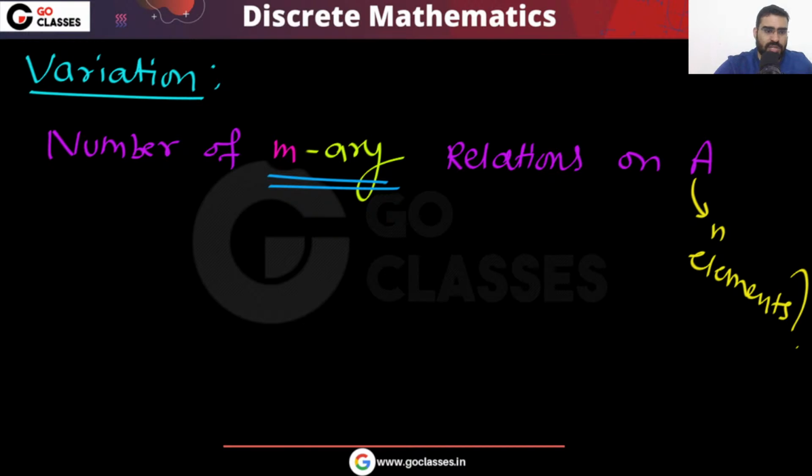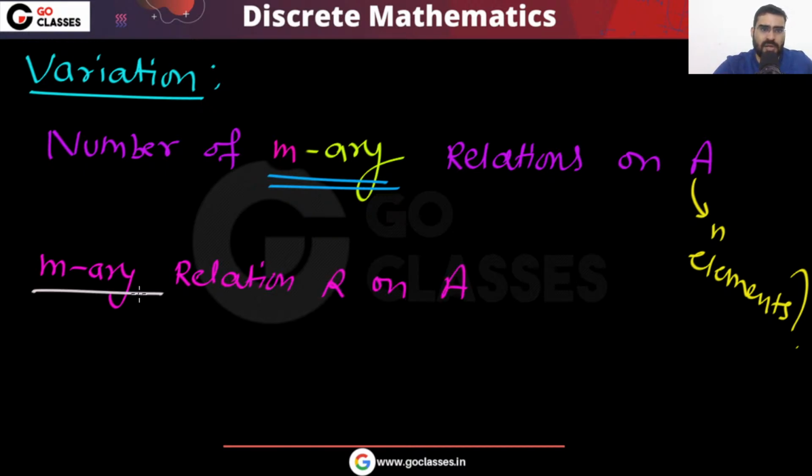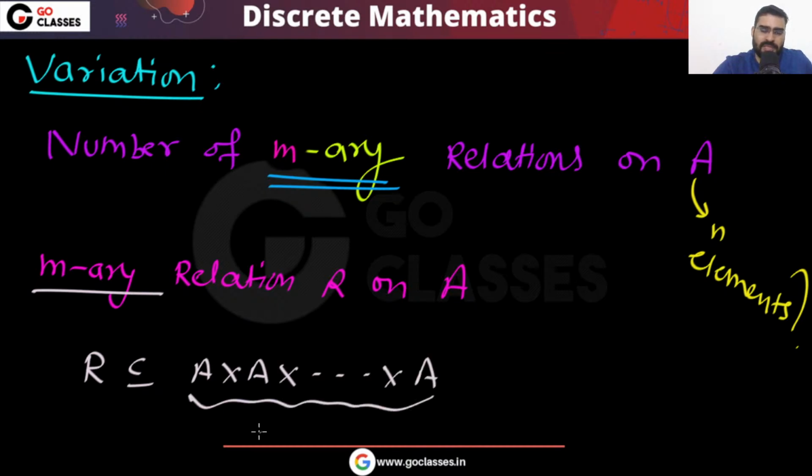First of all, what is an M-ary relation R on set A? This relation is a subset of A cross A, M times.